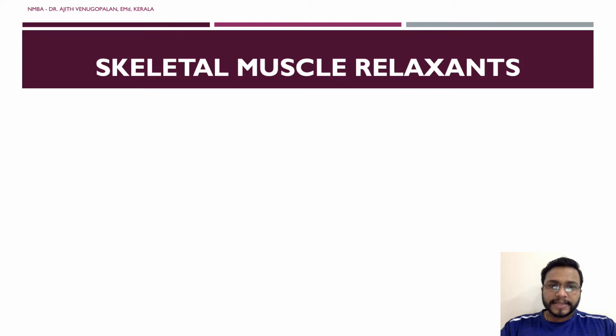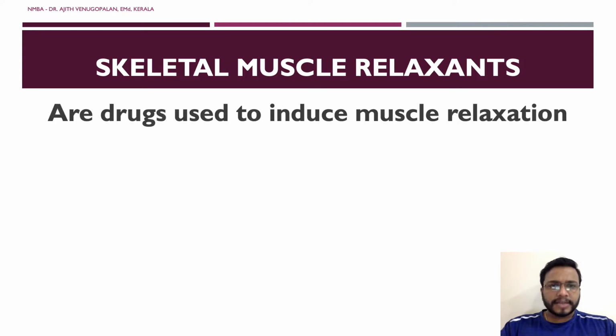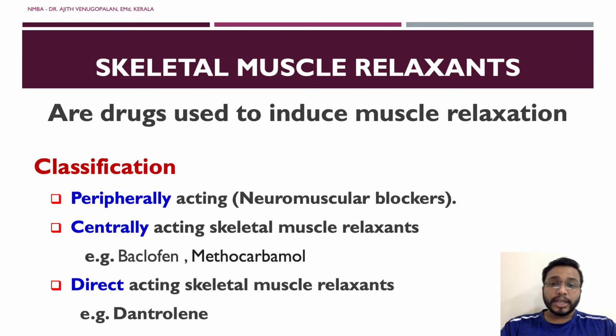Skeletal muscle relaxants are drugs which are used to induce muscle relaxation. They are classified into three: peripherally acting, centrally acting, and direct acting. The peripherally acting agents are what we are going to discuss in this session.